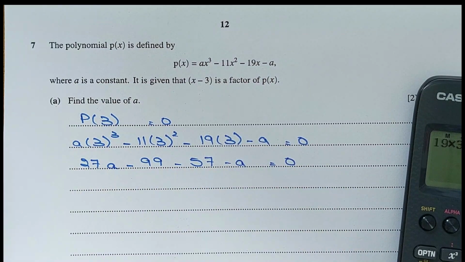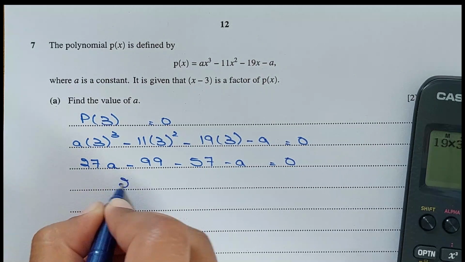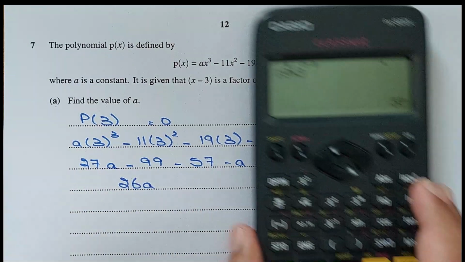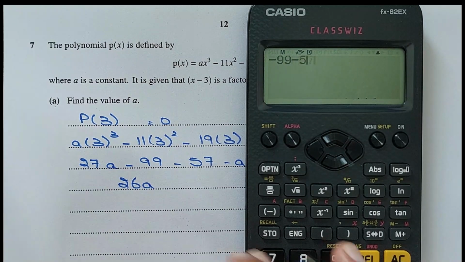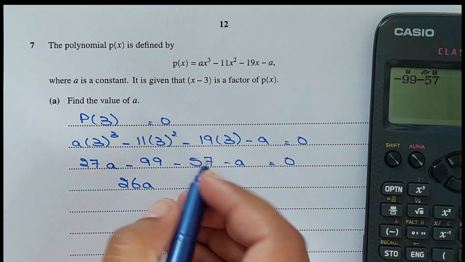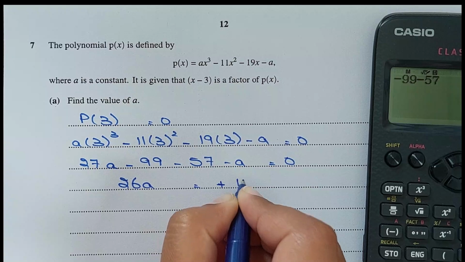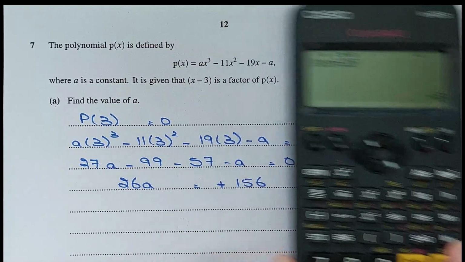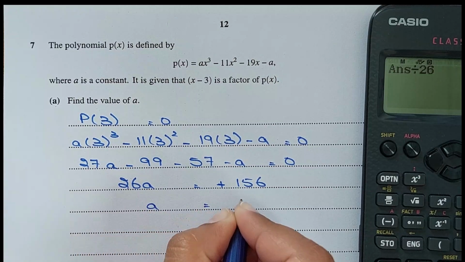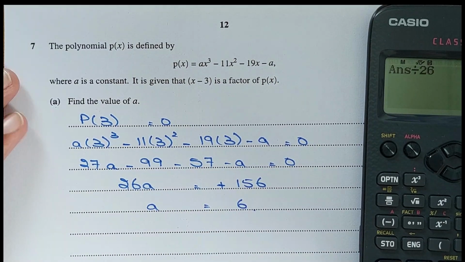From 27a take away 1a is 26a, and negative 99 minus 57 is 156. If we shift to the other side, it's plus 156, and divide by 26 makes positive 6. So a value is 6, right?